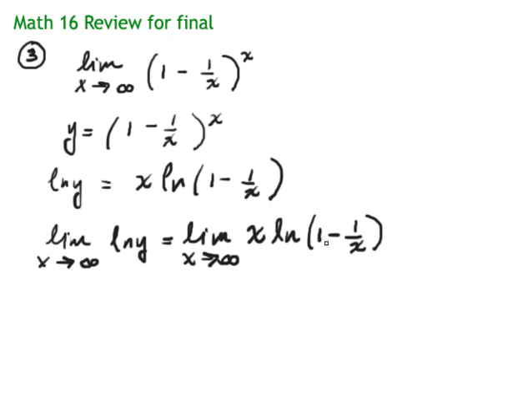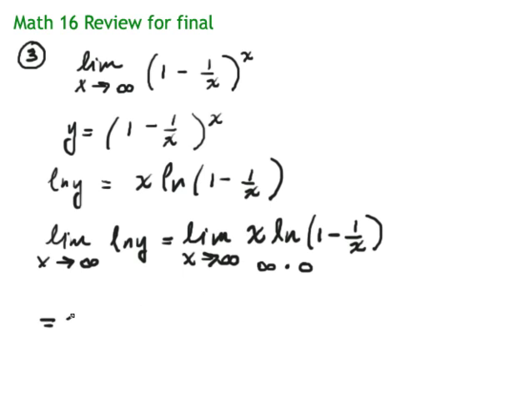And the second factor, as x goes to infinity, 1 over x goes to 0, and ln 1 is 0. So this is a limit of the form infinity times 0. And we can always change this into the form either infinity over infinity or 0 over 0 by rewriting one of the factors. Instead of multiplication by x, we're going to divide by 1 over x.